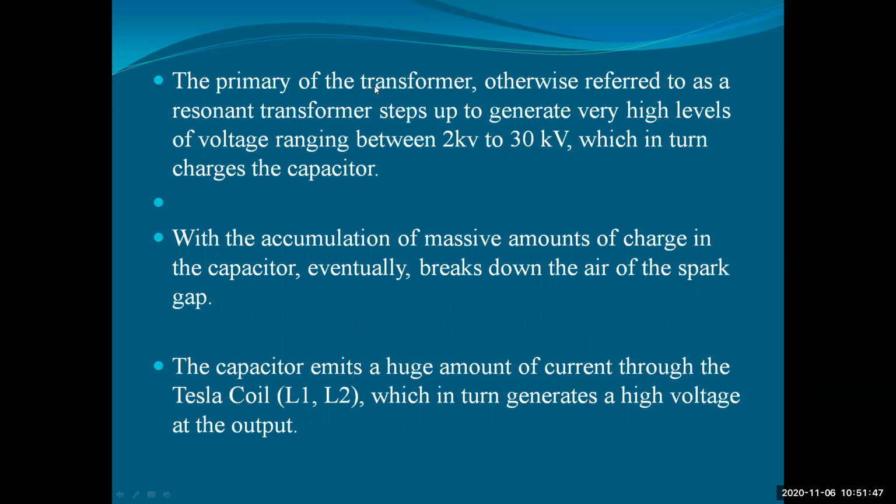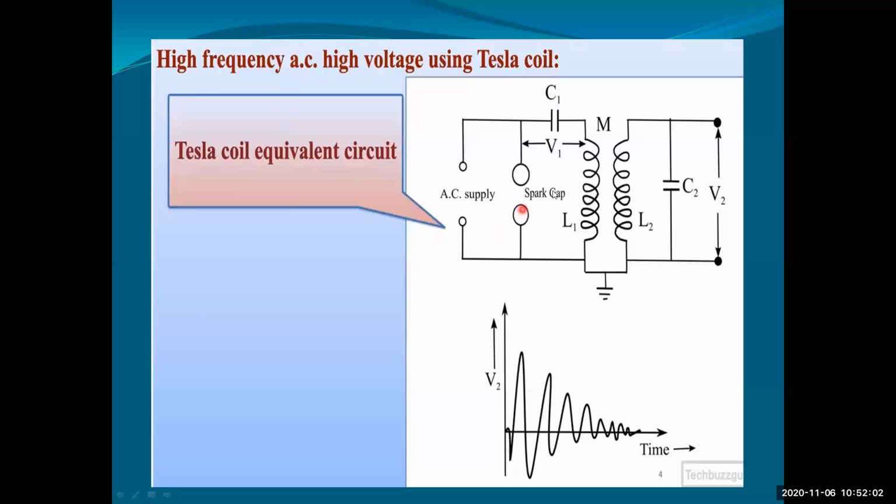The primary of the transformer, otherwise referred to as a resonant transformer, steps up to generate very high levels of voltage ranging between 2 kilovolts to 30 kilovolts, which in turn charges the capacitor. On the primary side, we are using one high voltage transformer. By using that, we have to charge the capacitor up to 2 kilovolts to 30 kilovolts.